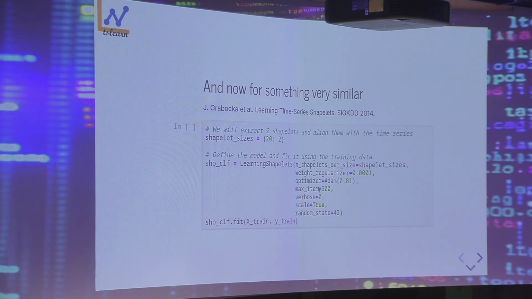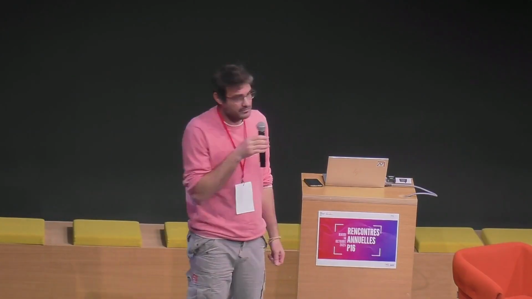The hyperparameters here are the number of shapes you want, which should be 2 in this example, and the length of each shape, that's 20. And yes, it's the other way around, but it still works.